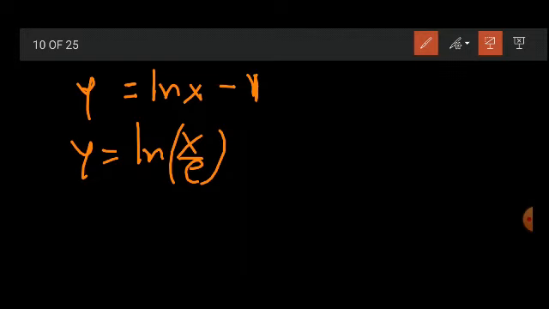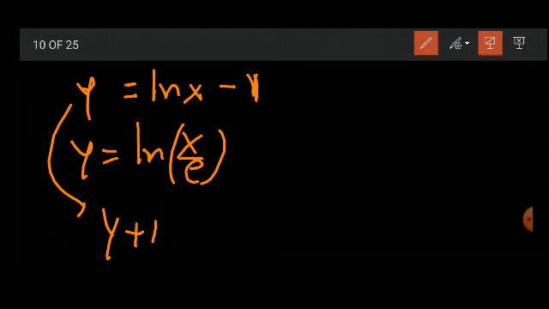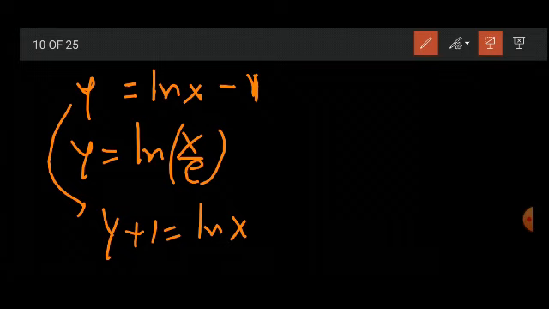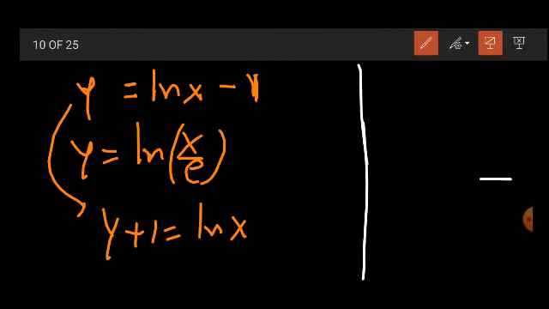Or you can say y plus 1 is equal to ln x. So instead of shifting the graph downwards, better just shift the x-axis above. I will shift our x-axis here to demonstrate it. So let's say this is the graph of y equal to ln x.